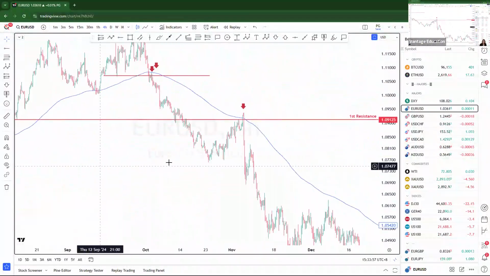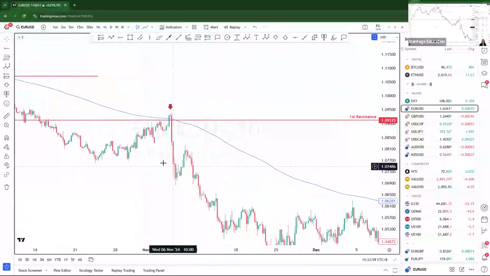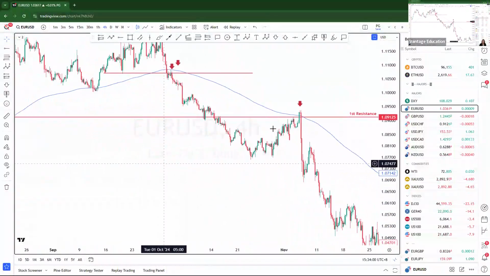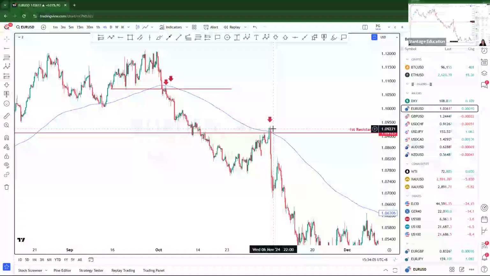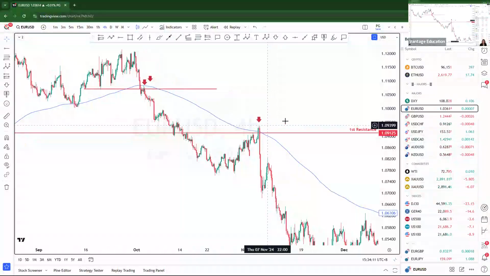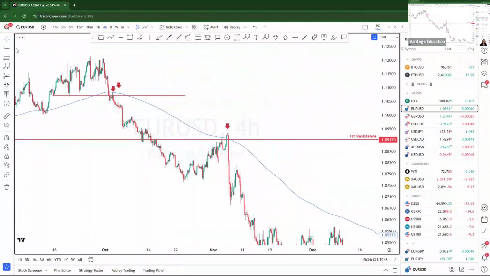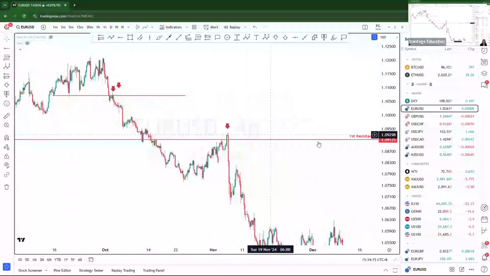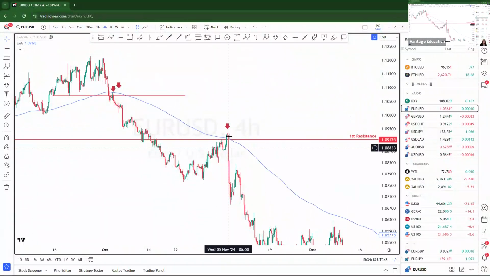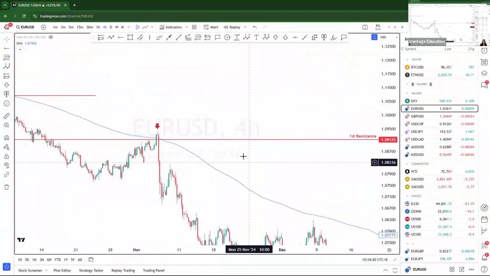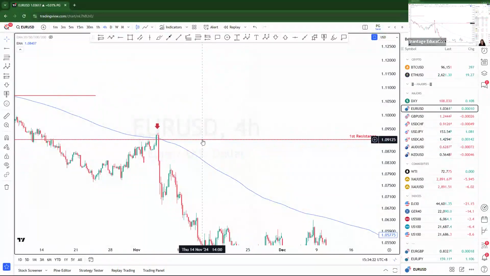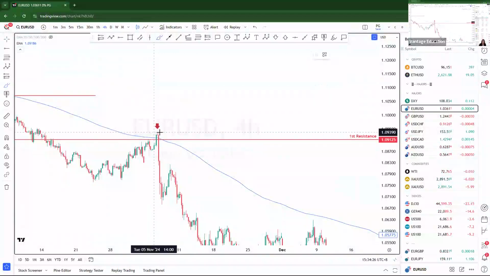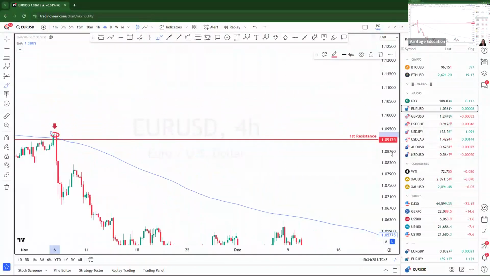When I identify my resistance level, I plot out the EMA, right? And then you can see that there is a price action over here.